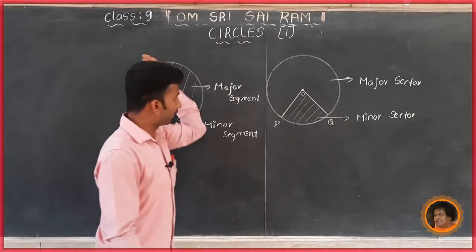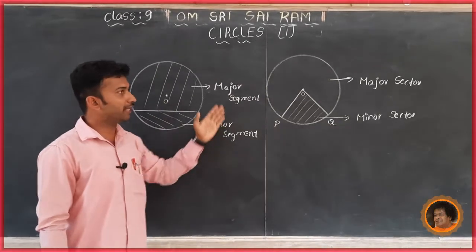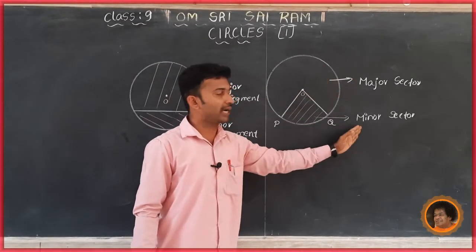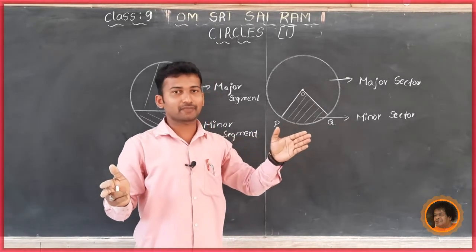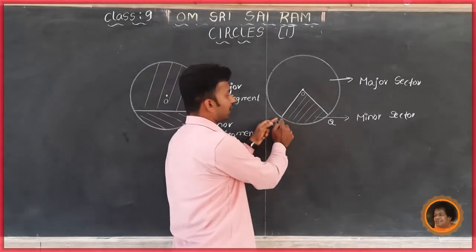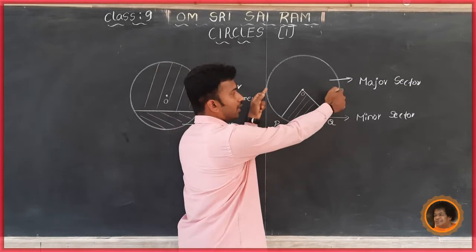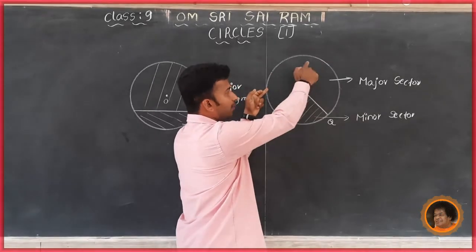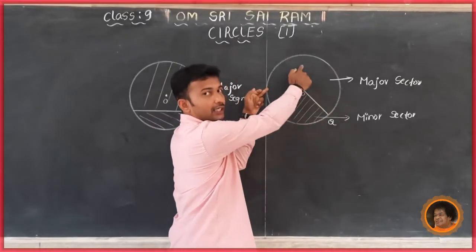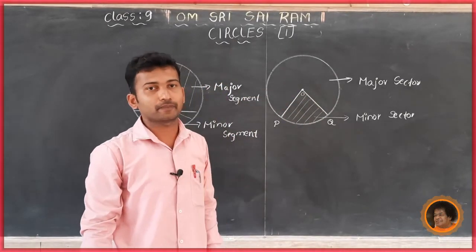Yes, the major segment, minor segment, major sector, and minor sector form a semicircle. Observe here, P and Q are the end points of the diameter. So, the circle becomes a semicircle. The two regions are the same.